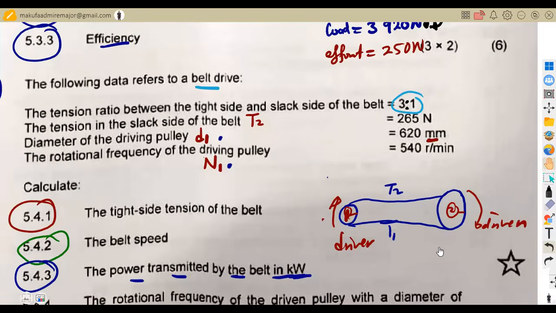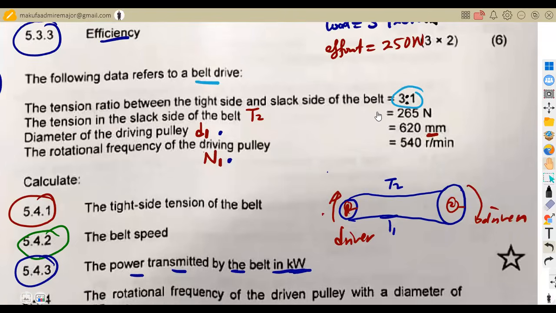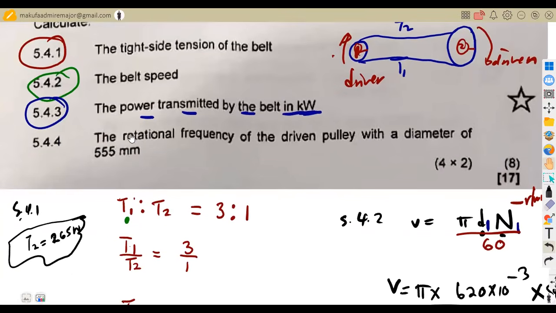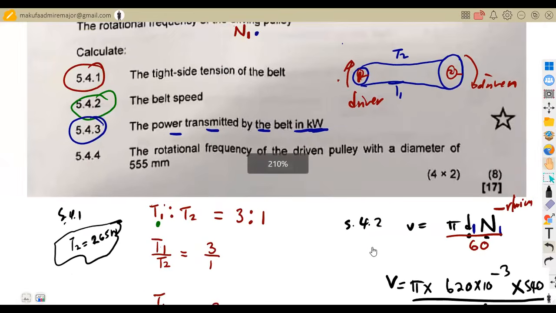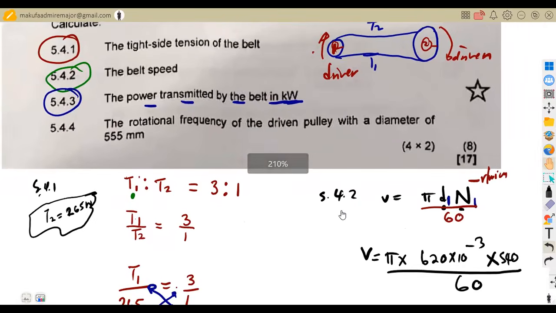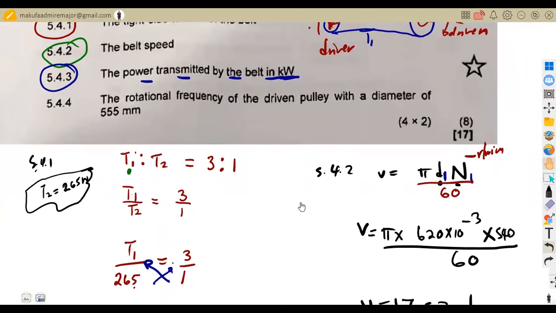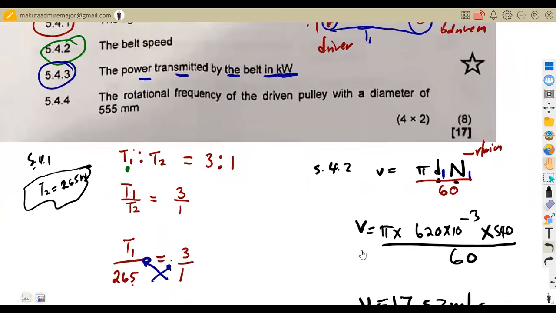We are given the rotational speed, and we have the diameter, and we want to calculate the rotational speed. So the diameter there is 555 millimeters. If you are given a condition like this, you can use the millimeters, because already this is in millimeters. Okay, let's talk about the formula first.